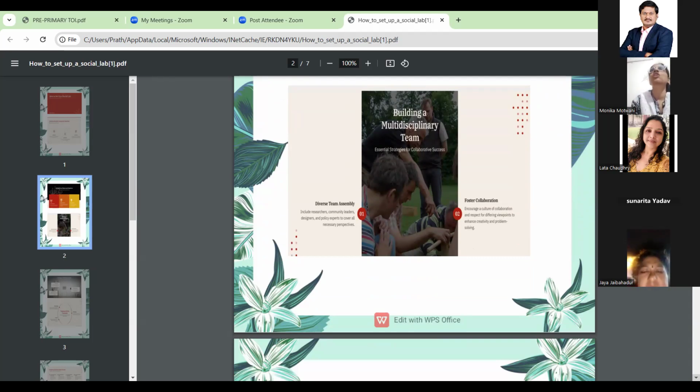So a diverse team assembly is there, which includes researchers and community leaders. It is not only the researchers, like in science laboratories, where generally we have the scientists that work upon the same, and the ground or field level people are hardly there. That is a different concept. But when it comes to a social lab, it includes researchers and community leaders also.